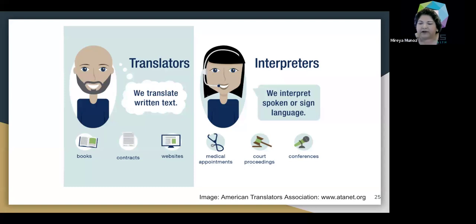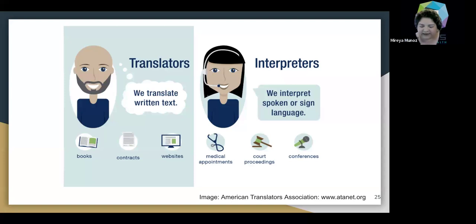We always want to give credit to the various tasks that are required to deliver the message in the different modes so that our audiences are able to hear the words.